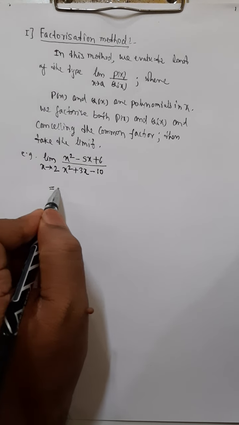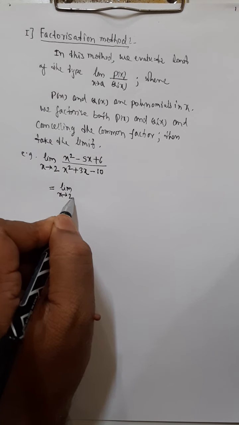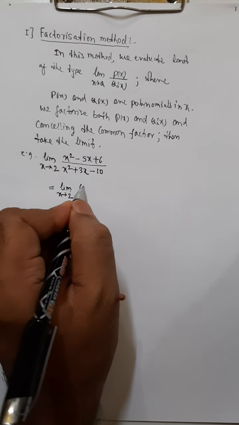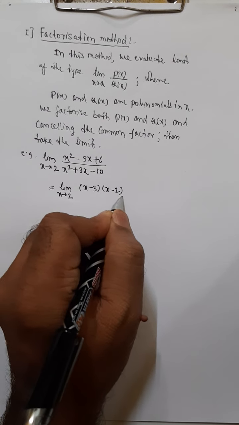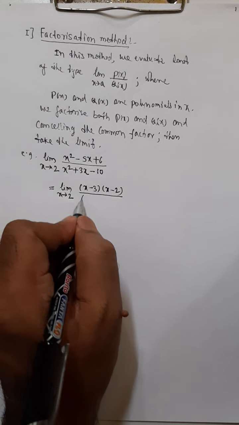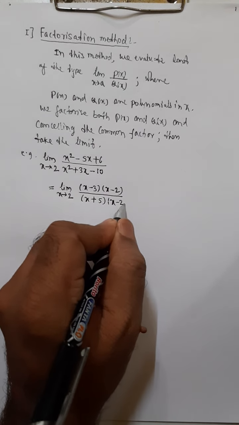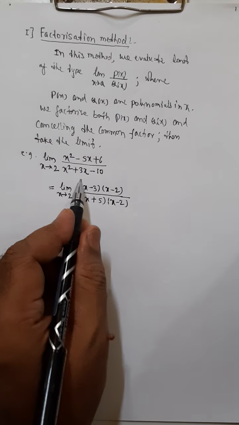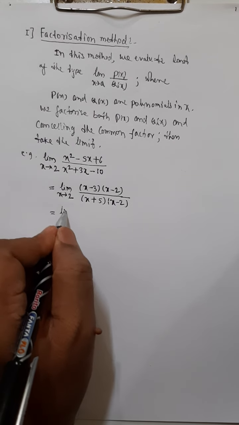First we factorize. Factors for numerator are x minus 3 into x minus 2, and factorize denominator. For that, factors are x plus 5, x minus 2, right? 5 minus 2 is 3, 5 into minus 2 is minus 10. So always we get here common factor.